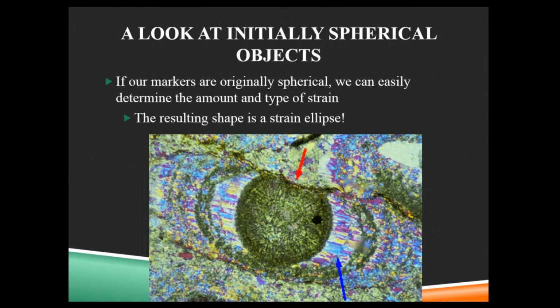There was enough stress to deform whatever this outer mineral is, that's all these blue and white and purple colors, and cross-polar light, so those aren't the real colors. But it was not enough stress to deform this mineral in the center that looks green right now. That's useful information.